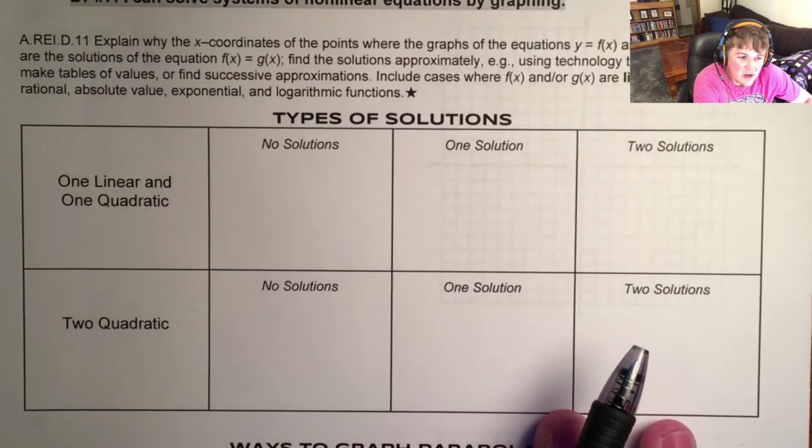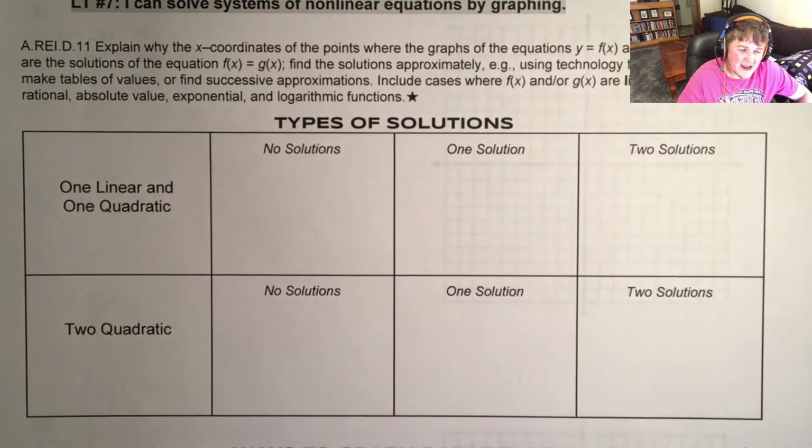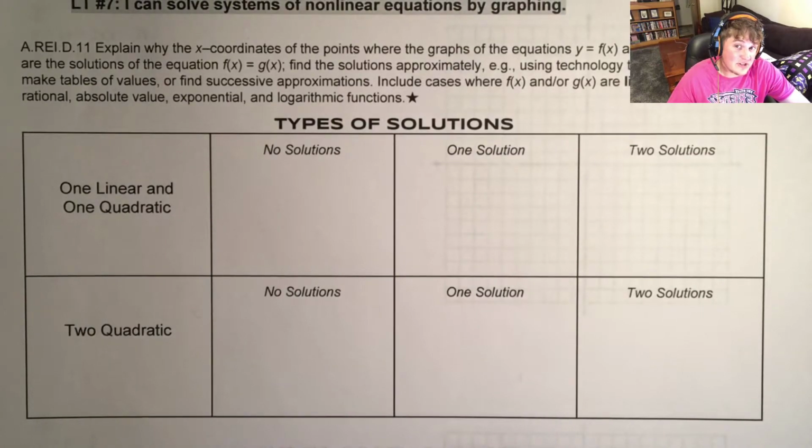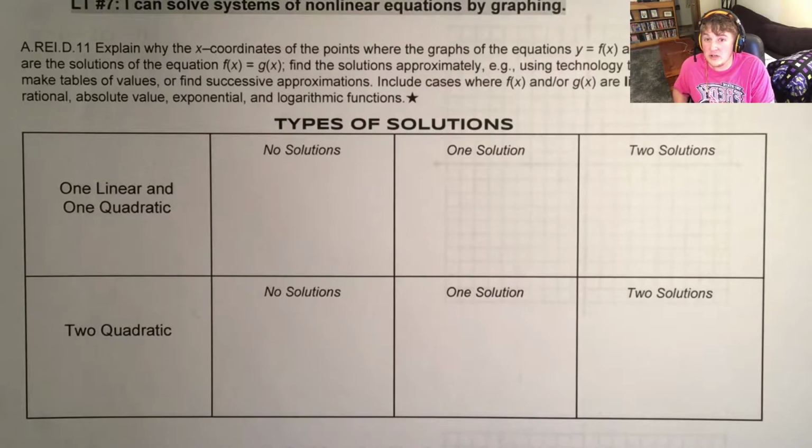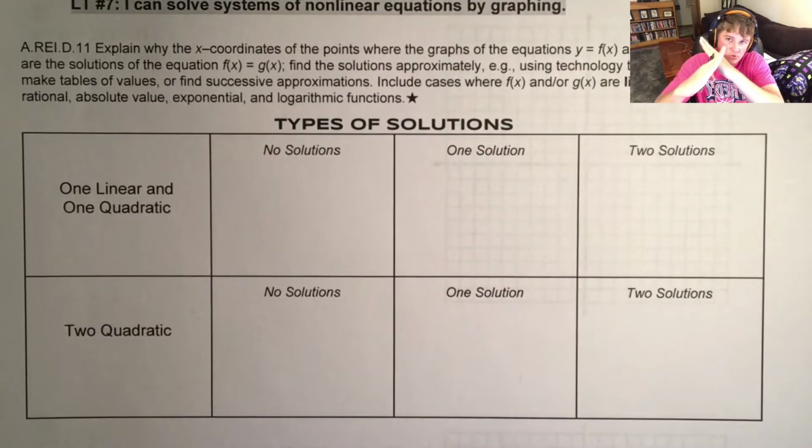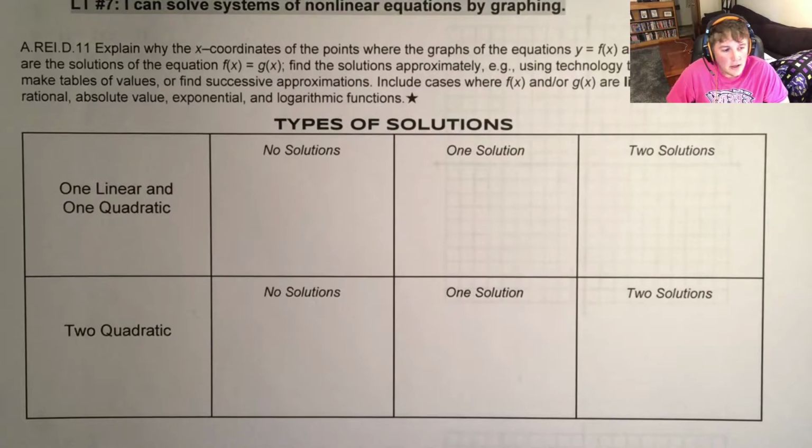Okay, so right here I have a little table that will outline the different types of answers that you can get. Because before, if you recall, we could get one solution, which is where the lines would cross at one spot right in the middle. We would get no solutions, which means the lines were parallel. And then we would get infinitely many solutions.